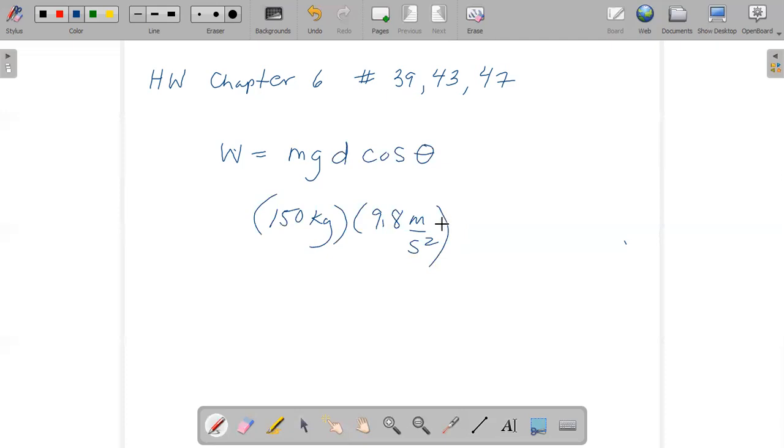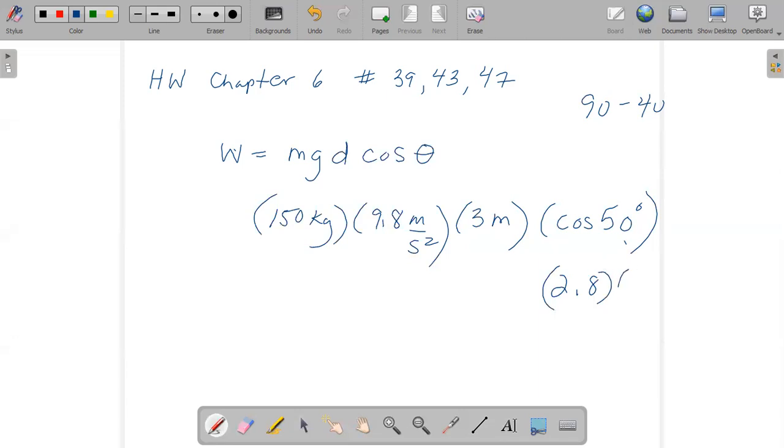Yeah, 3 meters. Times cosine of 50, because it's 90 minus 40. And that would be 2.8 times 10 to the third joules.